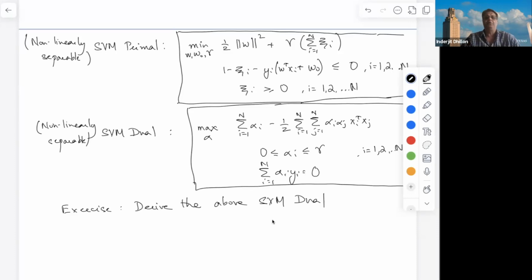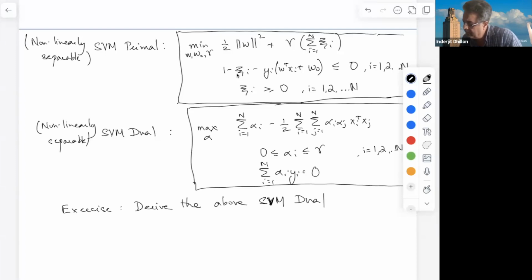I would encourage you to do it, okay, which is, from here, apply the different steps that we had, right? Form the Lagrangian, form the gradient with respect to W and with psi this time. So that's going to be the new thing.